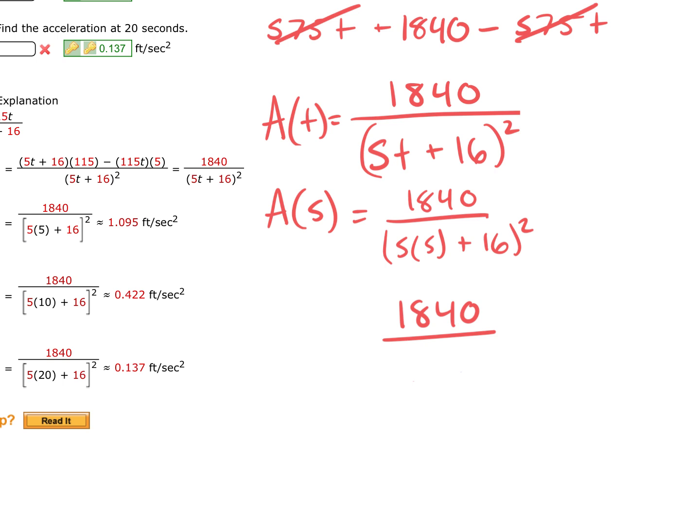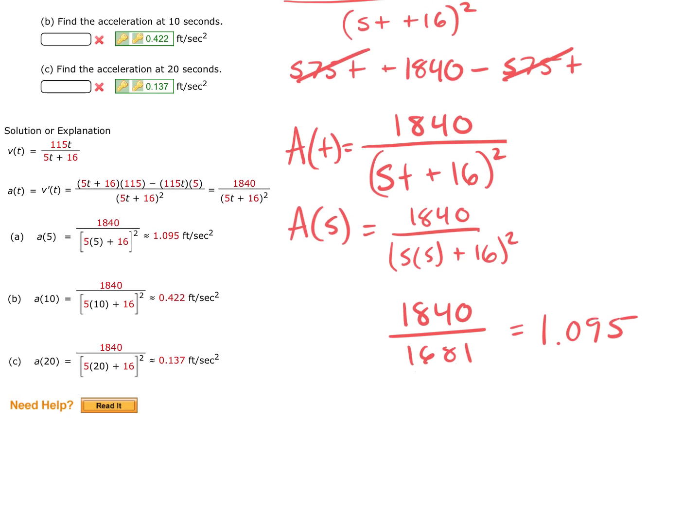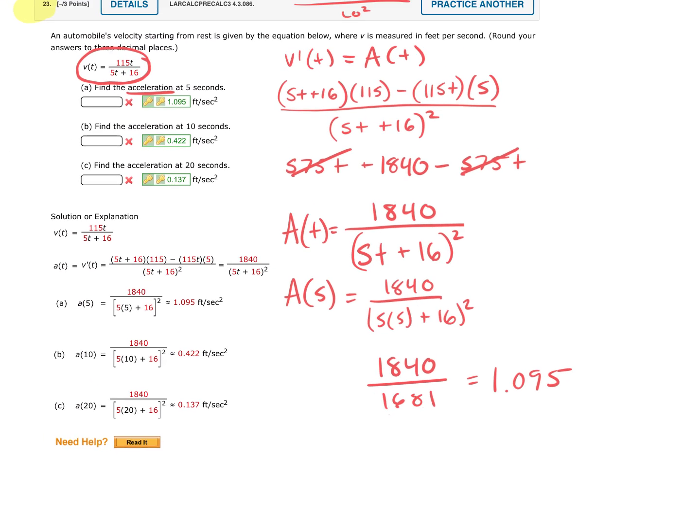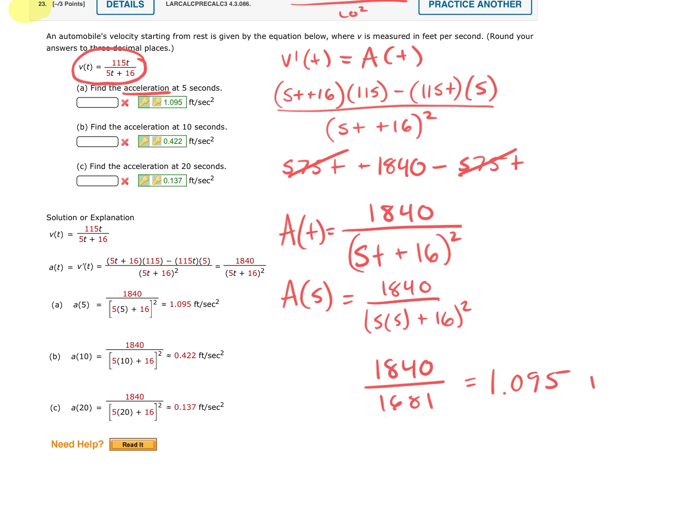And 41 squared would be 1681. So then 1840 divided by 1681 would be 1.095. Acceleration, our unit, it's the same as velocity, but instead of feet per second, it'd be feet per second squared.